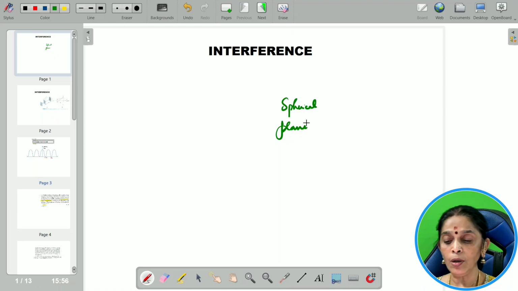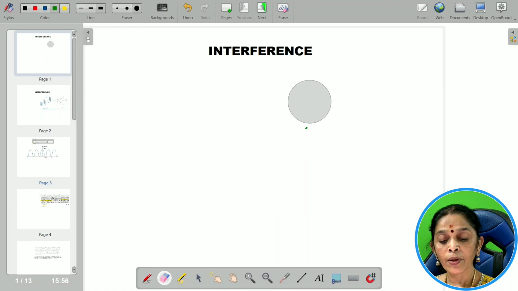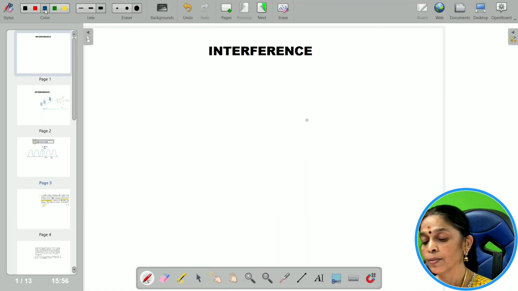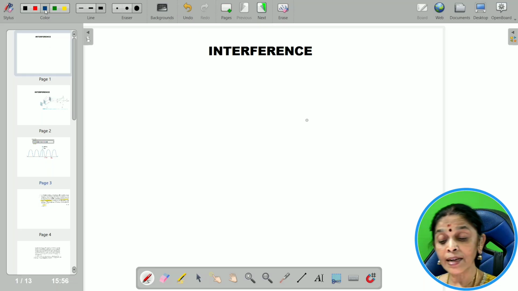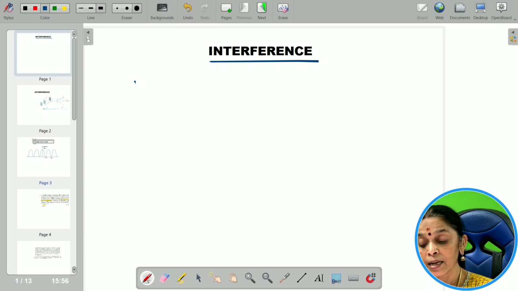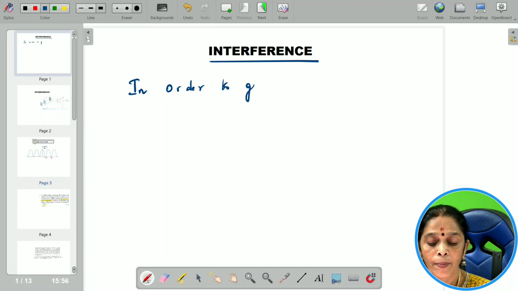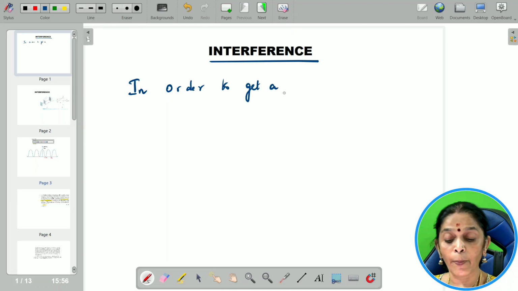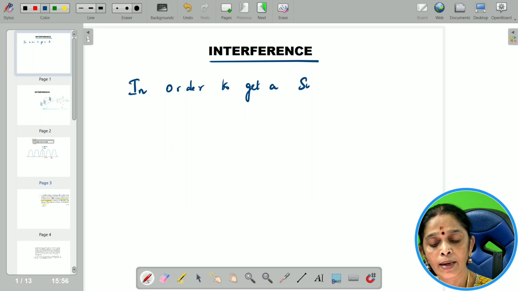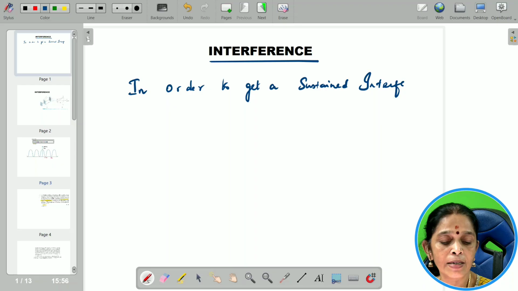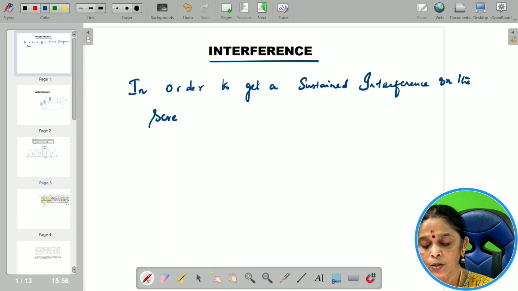In the next module, we learnt the interference of light waves. In interference of light waves, in order to get a sustained interference pattern, that means a permanent interference, on the screen, we have to use, number one, coherent sources of light.